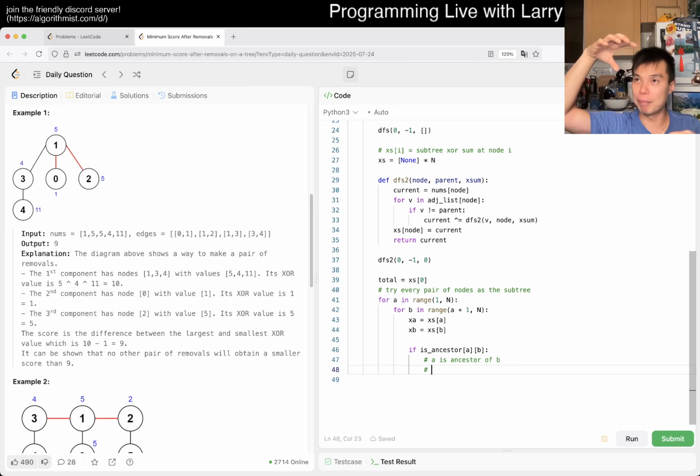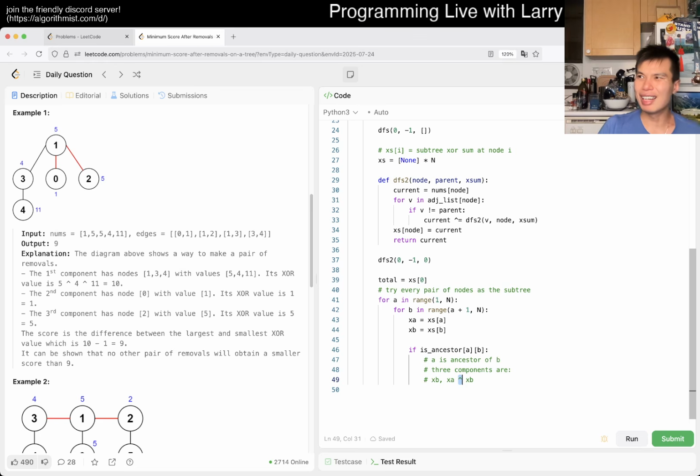So A is ancestor of B, so that means the three components are B, or XB, XA mod XB to get rid of, and I say mod, I meant XOR.